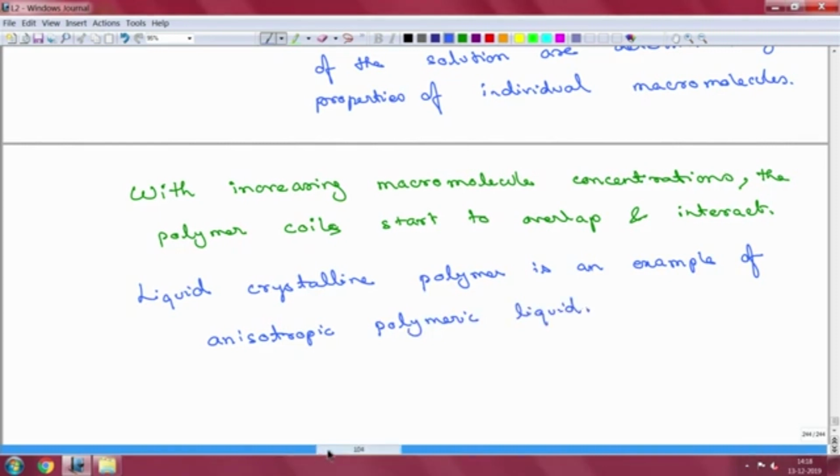We are not going to go into how this anisotropy can develop, but it will suffice to say here that this anisotropy can also develop spontaneously under certain conditions.